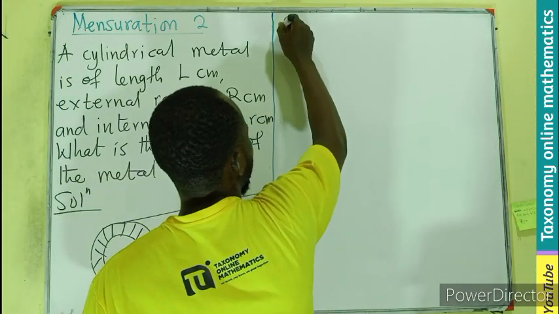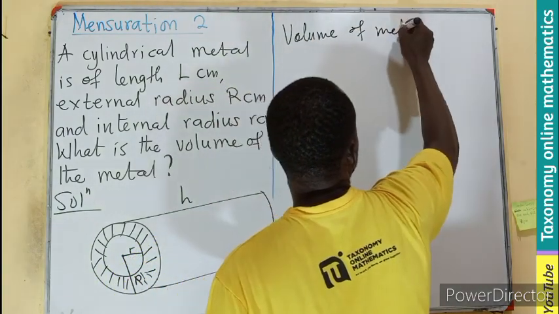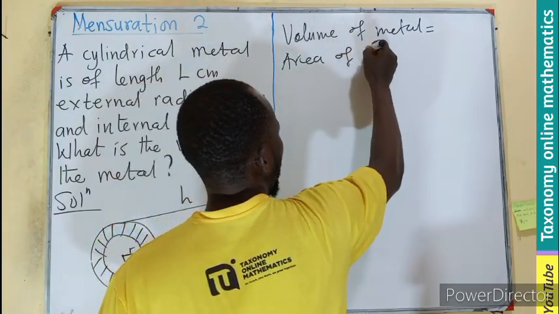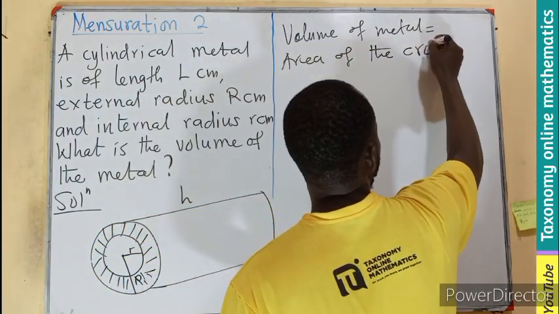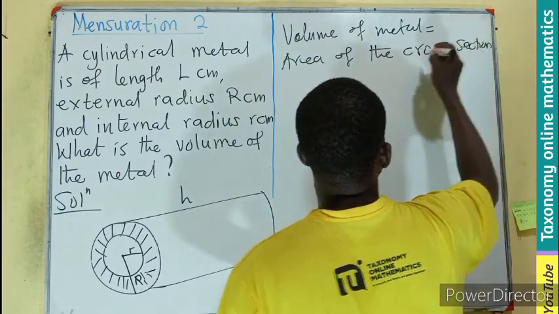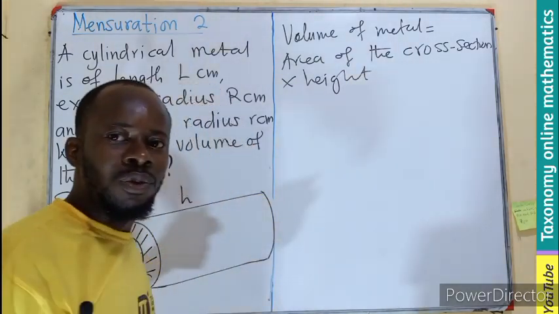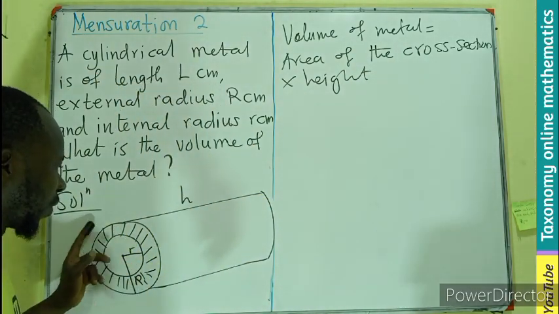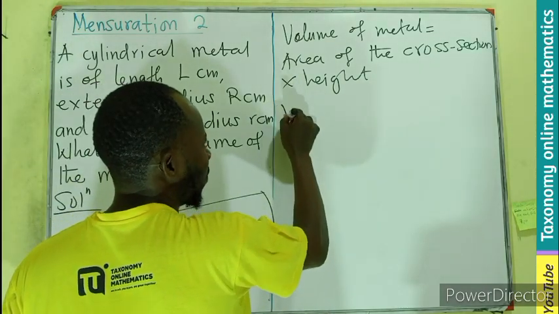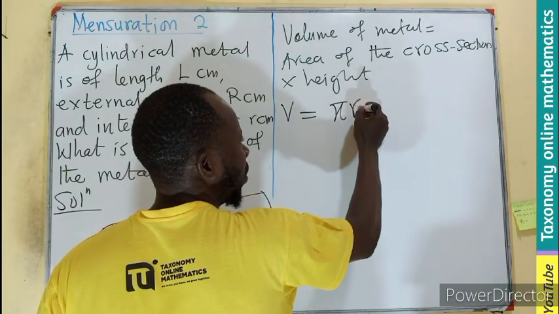So we know that the volume of metal is going to be the area of the cross section times that of what? The height. So how do we get the cross section? We first of all find the area of the bigger circle. And the area of the bigger circle is going to be pi r what?